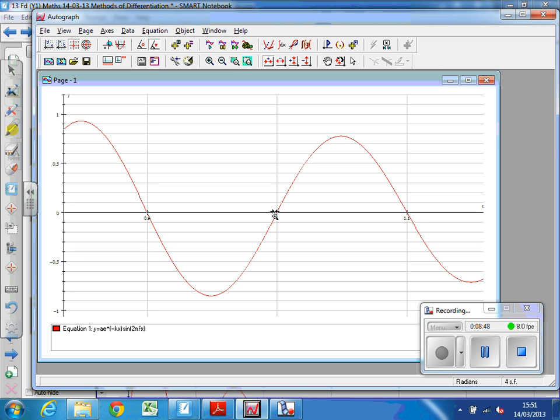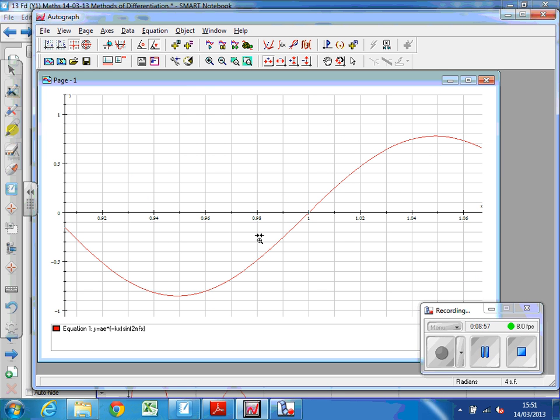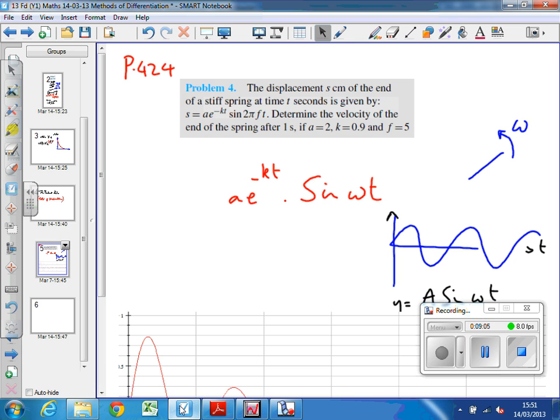What is it about this curve that tells me the rate of change of the function after 1 second? The gradient. So in other words, I'm after the gradient at that time, the rate of change of the function with time. And we can use calculus to do that. So that's what this question's all about. How quickly is this thing moving after 1 second?